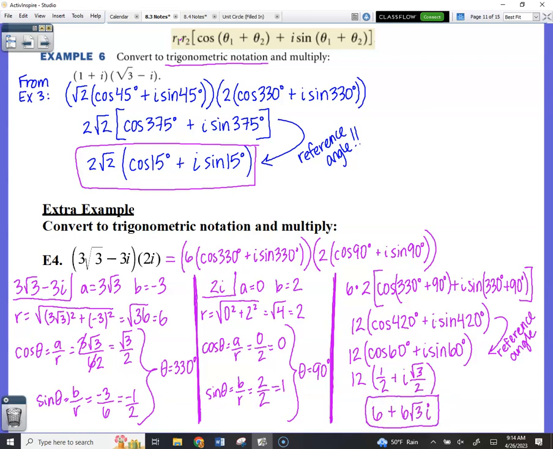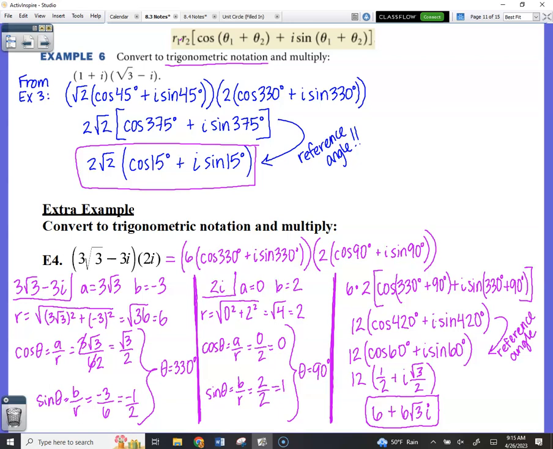Now, that is a college level math problem. At any point, was it something that was challenging? Probably not. It's probably just a matter of exhaustion, because you got to find this, then you got to find that, then you substitute it in, then you got to find the formula, then you got to find the reference angle, then you got to find the x and the y, then you got to multiply.